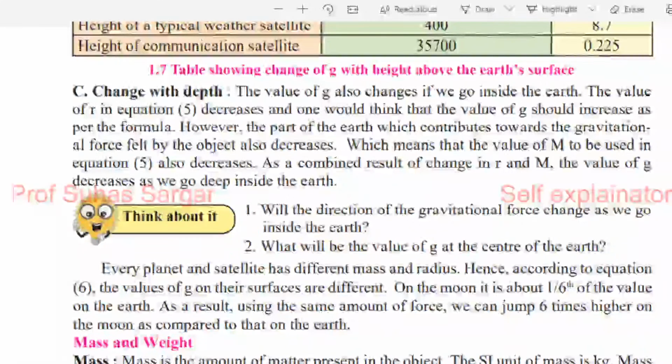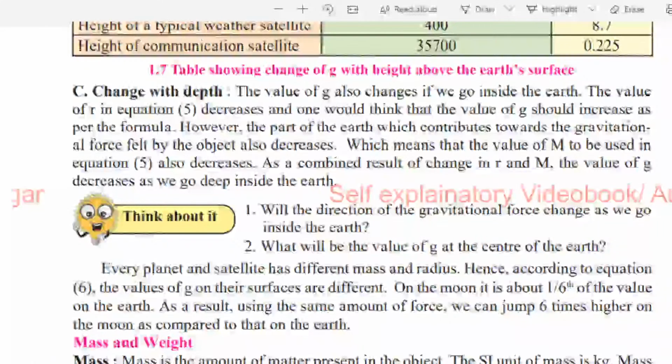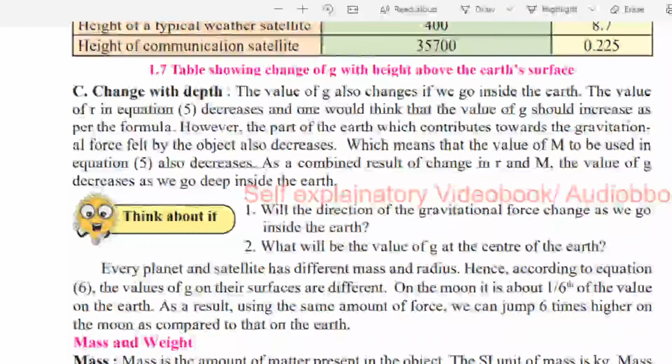However, the part of the Earth which contributes toward the gravitational force felt by the object also decreases, which means that the value of capital M to be used in equation 5 also decreases. As a combined result of change in small r and capital M, the value of small g decreases as we go deep inside the Earth.